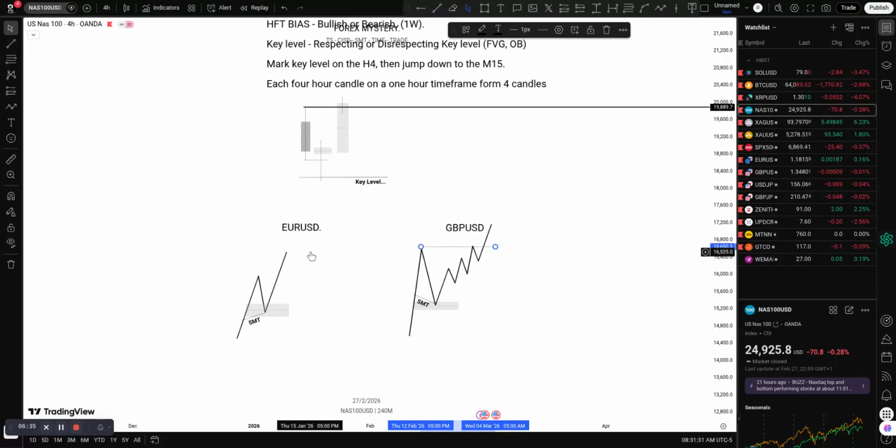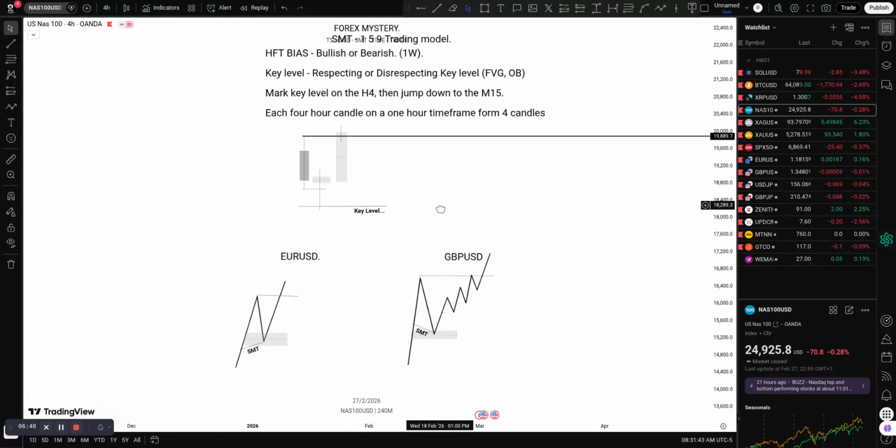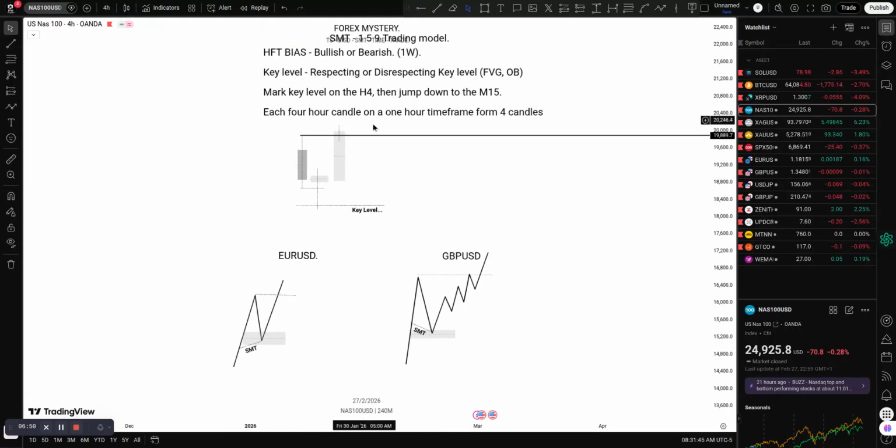Let's say for that one, buy side around there too. Now these are two different SMTs, mind you. We have found our formation, and let's say we are using this kind of formation.